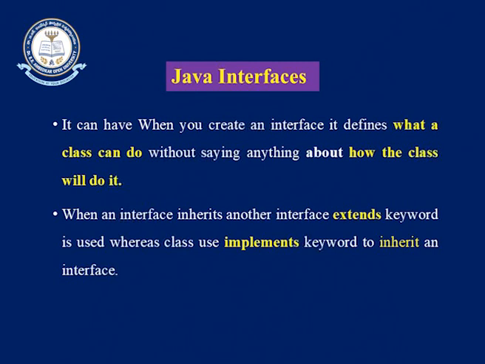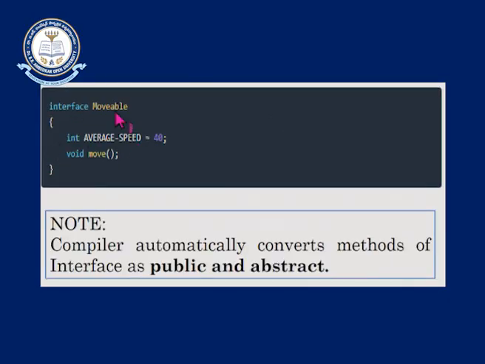While you are working with interfaces, we use an interface to define what a class can do, but we are not discussing how the class will do it. This is an important point about interfaces. Then how to create an interface? We use the keyword interface to create interfaces for the 100% abstraction concept. See, this is how to create an interface: interface, interface name Movable, and within that you can write any method and any variable.